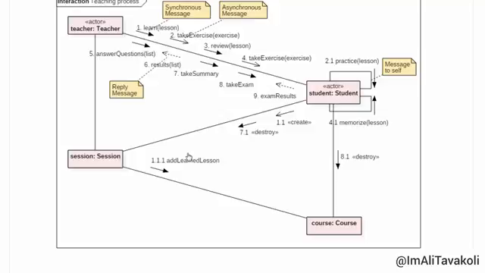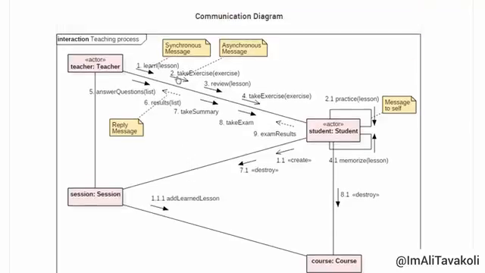And then the message number 2 will be triggered, which is take exercise method. Actually, teacher calls the take exercise method of the student participant.